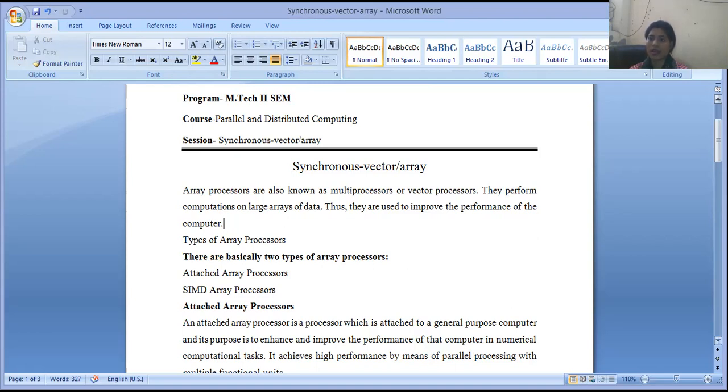This is the definition in programming languages, but in distributed computing the same concept applies: an array is a collection of similar types of resources, and here the resources are processors. So a collection of processors is known as a multiprocessor or vector processor. They perform computations on large arrays of data.